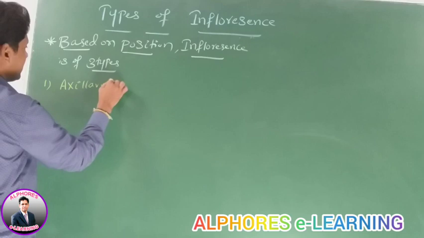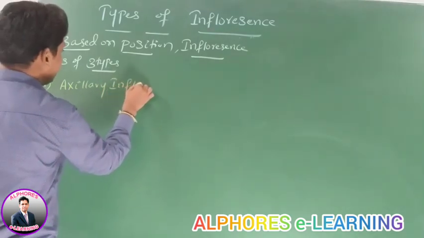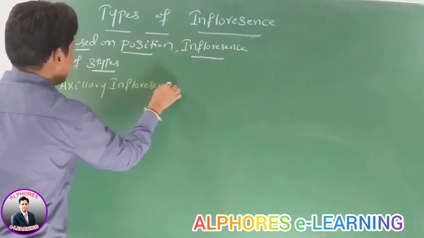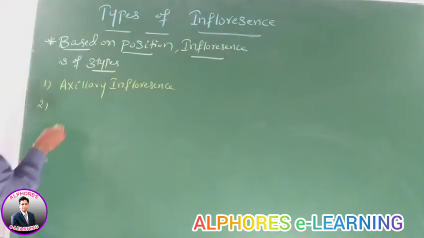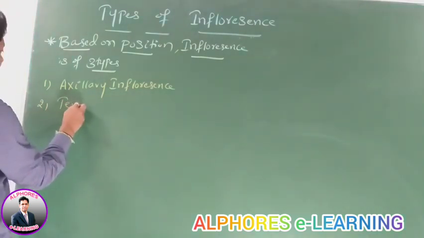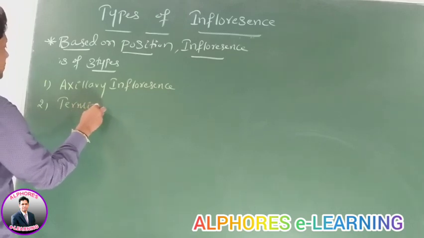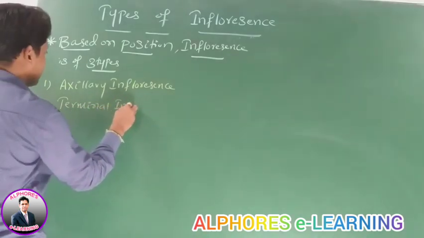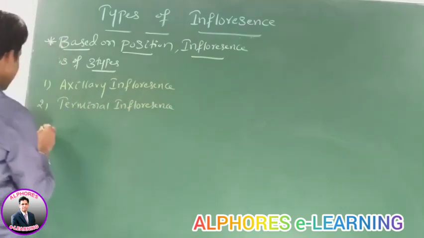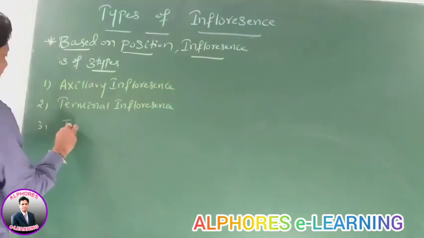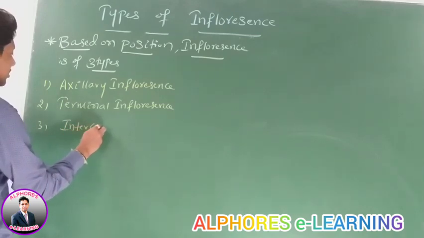Axillary inflorescence, right? The second one is terminal inflorescence. Terminal inflorescence, right? And the third one is intercalary inflorescence.